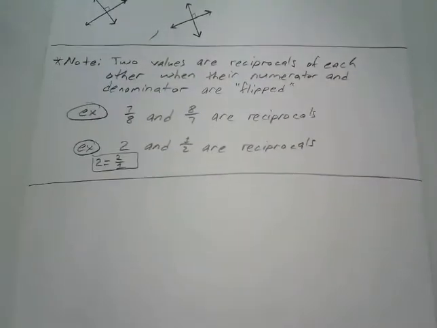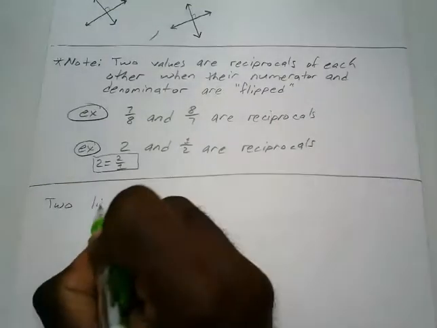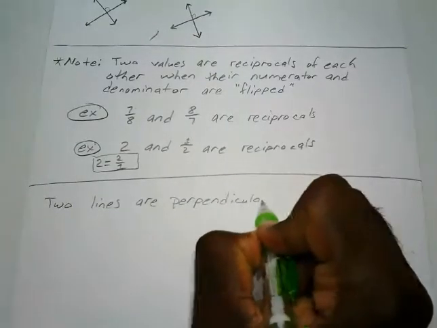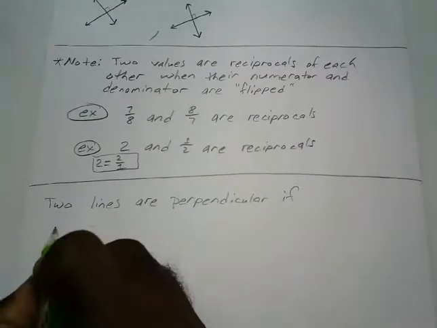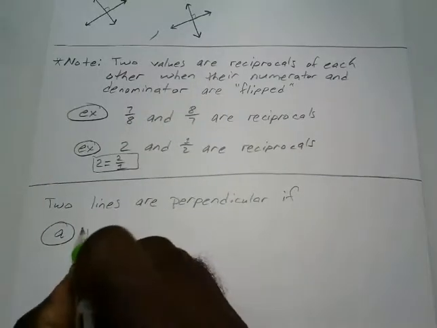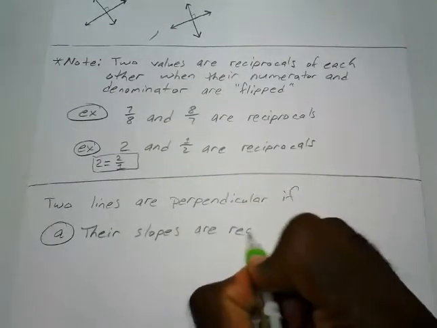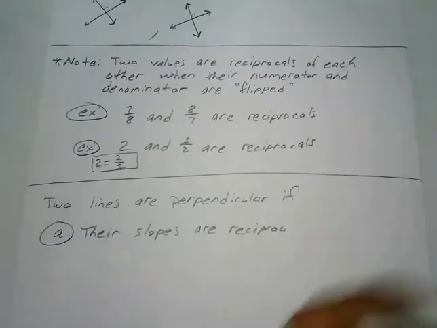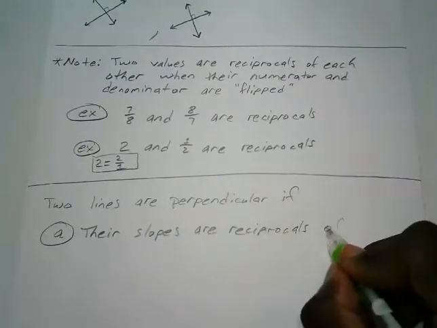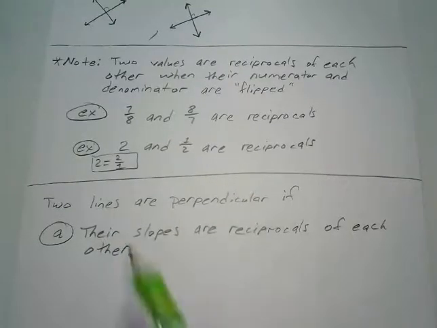All right, so two lines are perpendicular if, first thing, their slopes have to be reciprocals of each other.